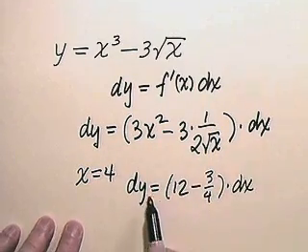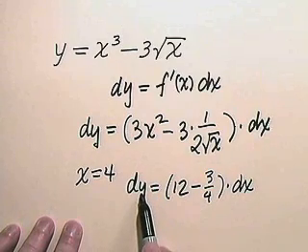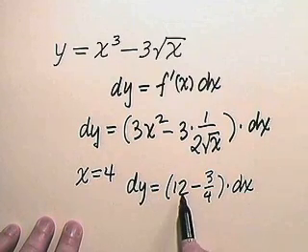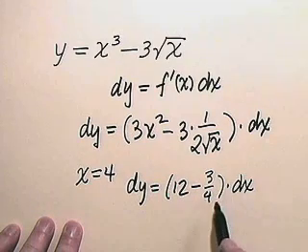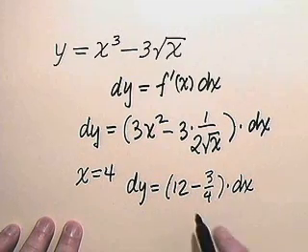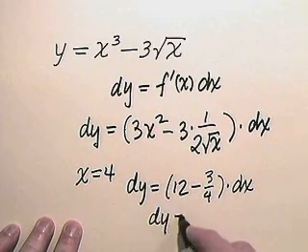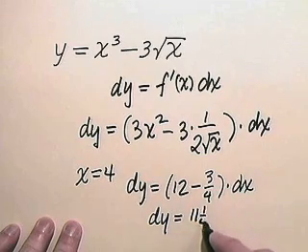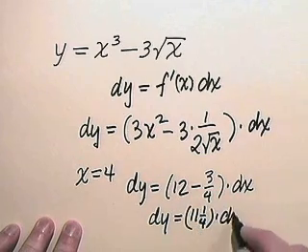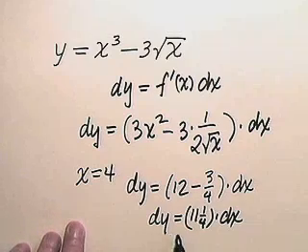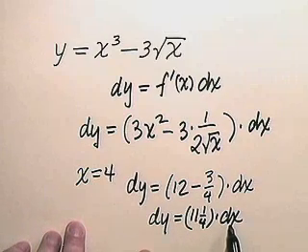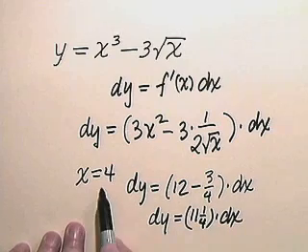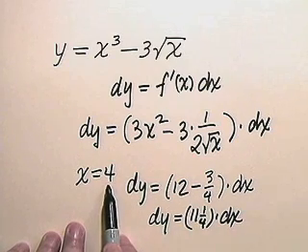And so we actually now get a very simple equation. dy is 12 minus 3/4 times dx. Well, we can simplify that. That's 11 1/4. dy equals 11 1/4 times dx. So what that in effect is telling me is that with this independent variable dx, I can think of that as being an increase in x from this initial value x equals 4.